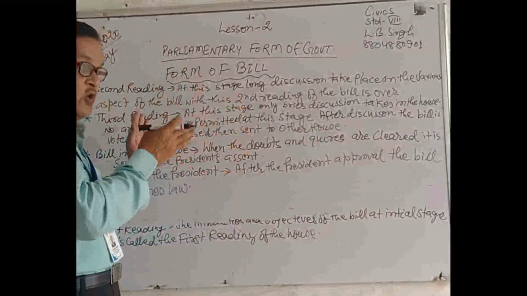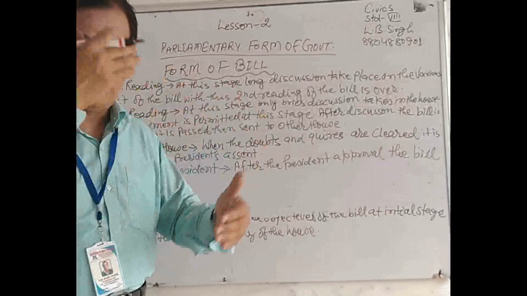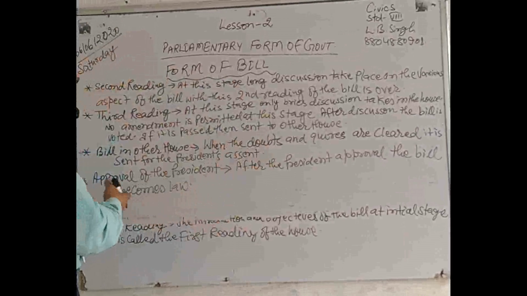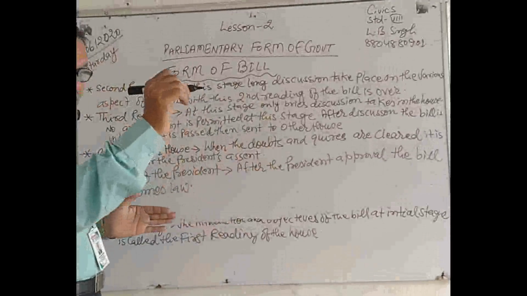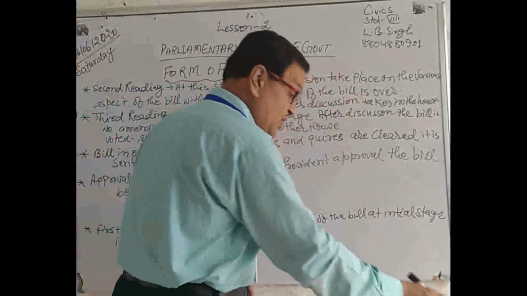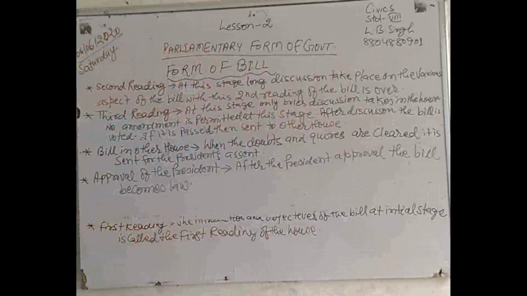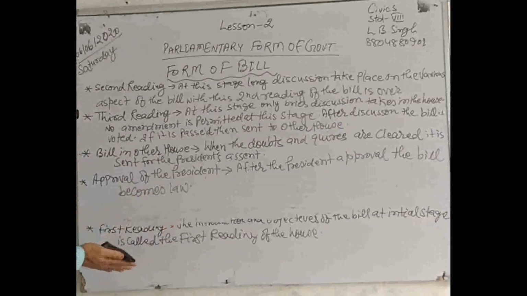If the members of Lok Sabha are not ready for amendment, then it is sent for the president's approval, and after the approval, after the signature on the bill, it becomes law. So this is the process through which different bills become law in our country.